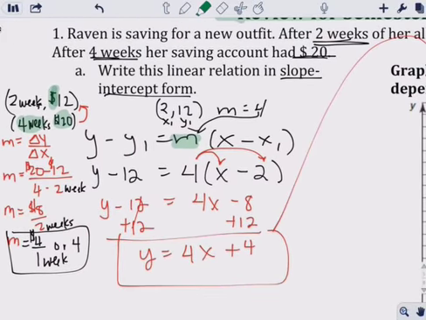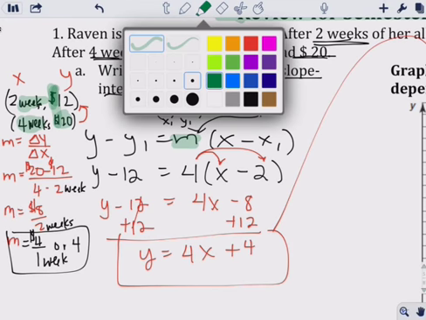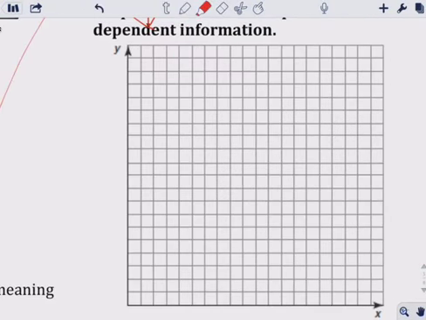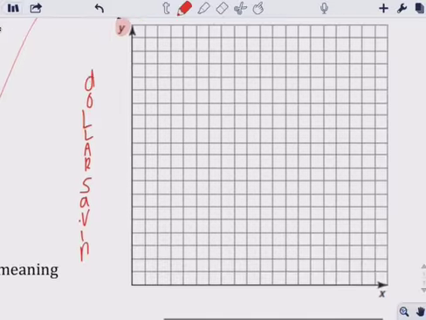Remember, your x are weeks, and your y is the dollar amount. So the y is dollar amount. Here, your y, you would write dollars, and this is basically the dollars Raven is saving.